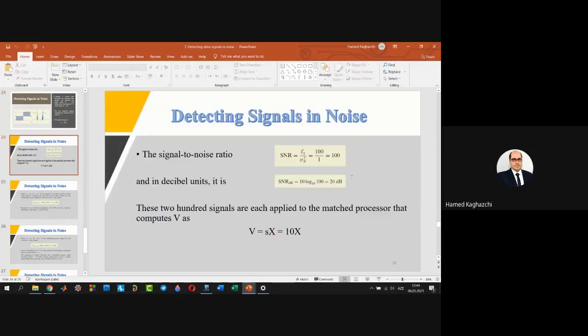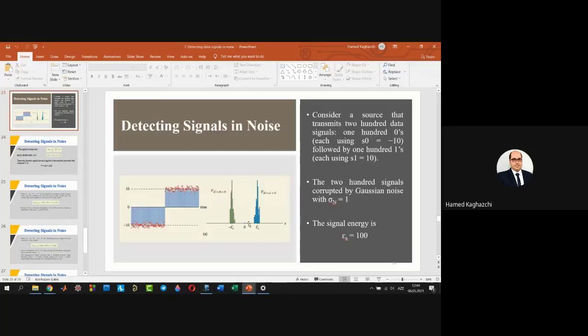Look at here. How could I detect the signal? I said that here because the energy of the signal is greater than the standard deviation of the noise.